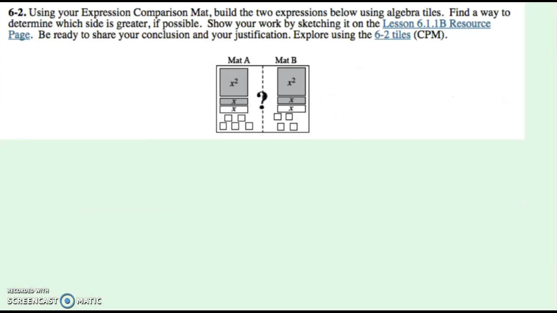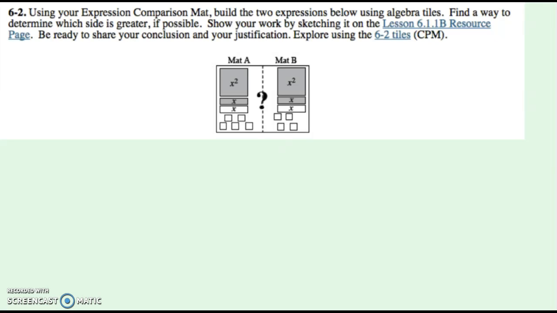For 6.2, you will also need the resource page to help you with this on the expression comparison mat. So using your expression comparison mat, build the two expressions below using algebra tiles. Find a way to determine which side is greater if possible. Show your work by sketching it on the lesson 6.1.1b resource page. Be ready to share your conclusion and your justification.